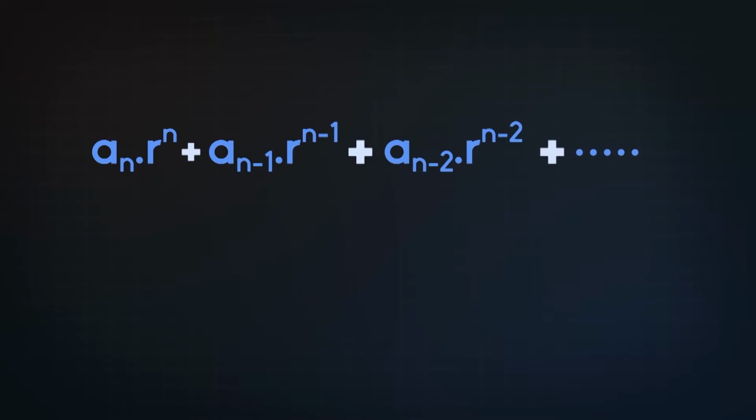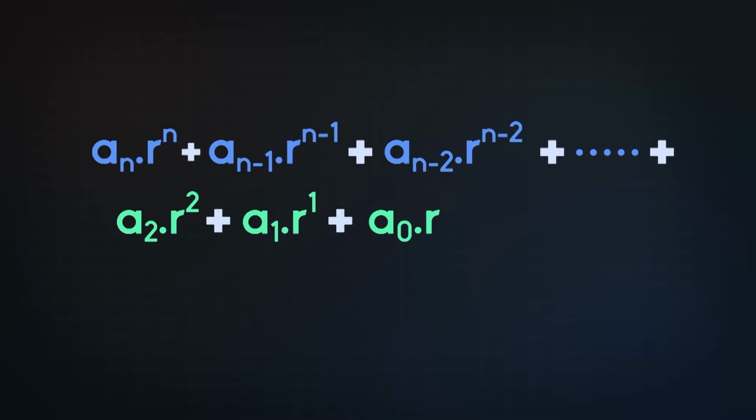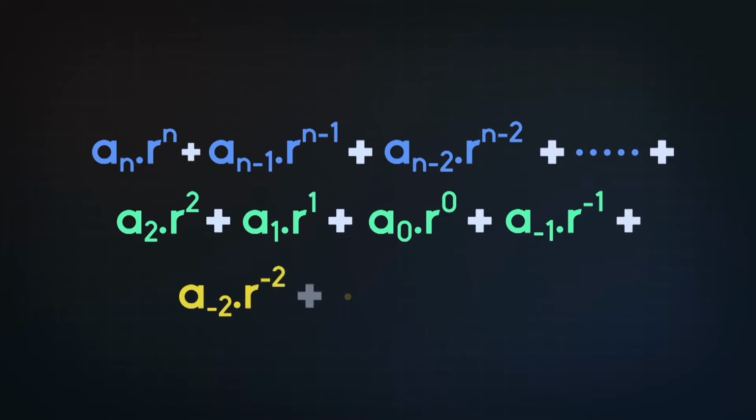In general, a number of base r can be expressed in the form a n r raised to n plus a n minus 1 r raised to n minus 1 plus a n minus 2 r raised to n minus 2 plus etc. plus a 2 r square plus a 1 r plus a naught r raised to 0 plus a minus 1 r raised to minus 1 plus a minus 2 r raised to minus 2 plus etc. plus a minus m r raised to minus m. When you understand the concepts of any one number system, it's easy to learn other number systems.